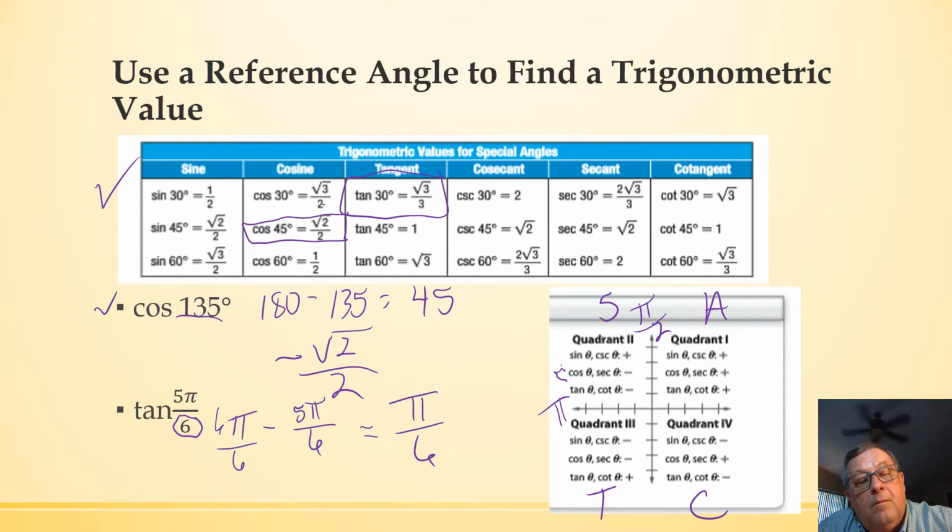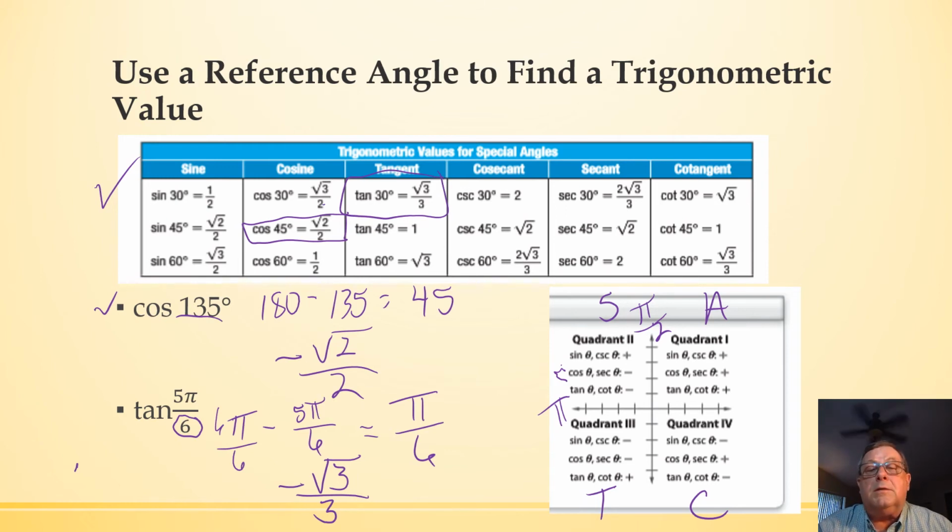So my trig value for 5 pi over 6 is negative square root of 3 over 3, by virtue of it being the tangent of an angle that has a 30-degree or pi over 6 reference angle lying in the second quadrant.